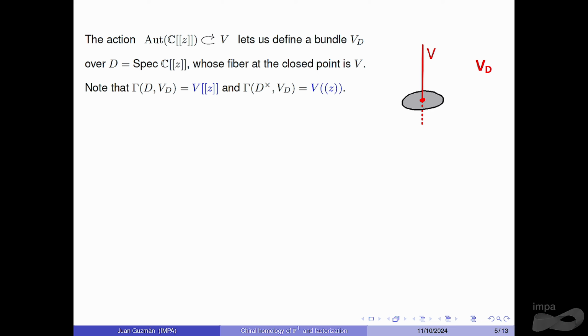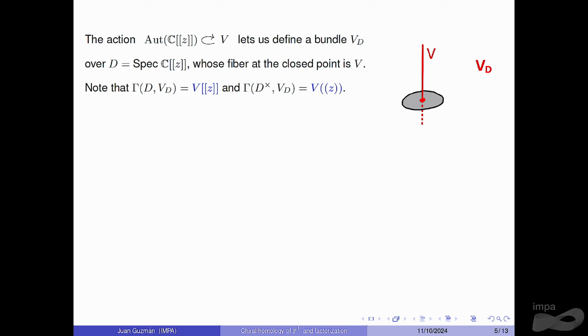And now we're going to try and build something with a curve, right? We have now the algebraic object, their modules, and now what happens when we add a curve? Okay, so the action here will allow us to define a bundle over the formal disk, right? Since the formal disk only has one closed point, it's going to be only one fiber, basically, and that fiber is going to be the vector space itself.